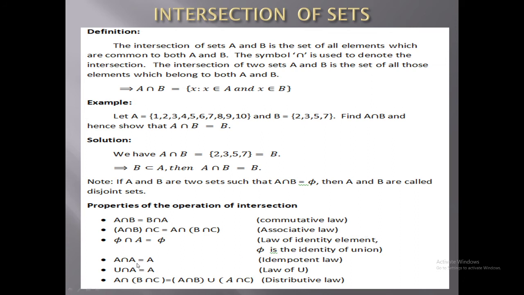And A ∩ A = A. This is the idempotent law. Universal set U ∩ A = A. That is the law of U. And A ∩ (B ∪ C) = (A ∩ B) ∪ (A ∩ C). Distributive law.